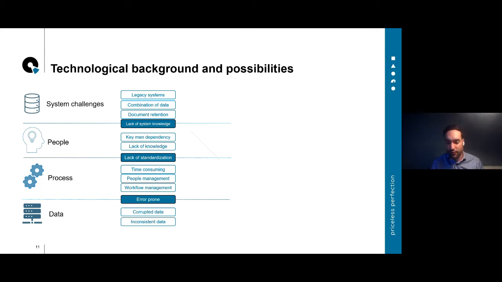It could be a format created by one system which has been used for 10 years. So that brings us to the next point. If this system or the way of working will be changed, some people find it difficult. So change management can be an issue. So yeah, if you look at all the people items, you could also say that there's a lot of times a lack of standardization, which brings us to the process challenge.